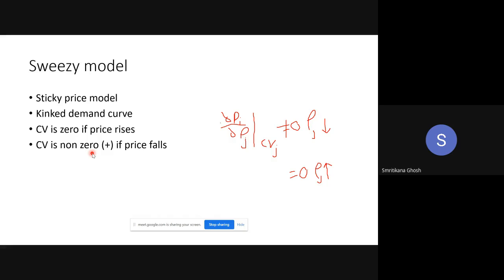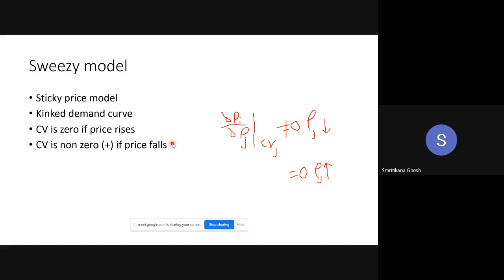That means both are going in the same direction. You are reducing the price, I am also reducing the price of mine. So it is positive. Now 3 and 4, these are clear. Don't look at point 2. I will discuss it after some time. These two bullets, 3 and 4, clear? Yes, ma'am. Okay.